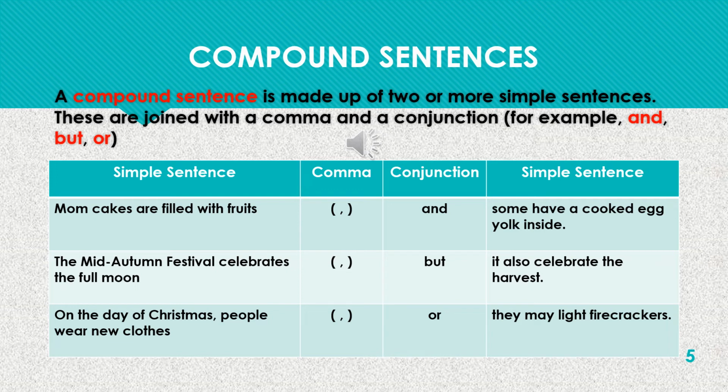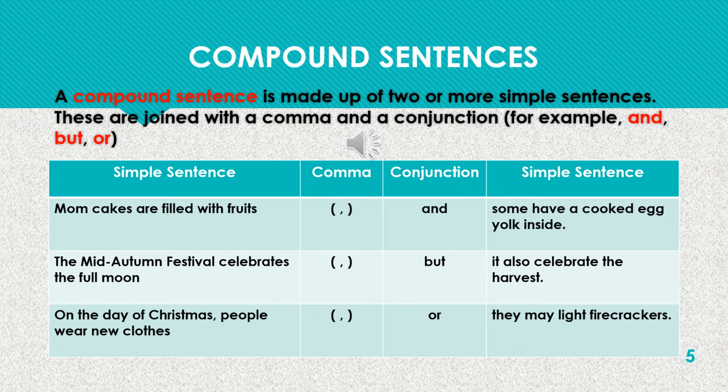Remember, in a compound sentence, you will have a simple sentence, a comma, a conjunction, and the second simple sentence. Okay, now that we are clear, let's continue to the next sentence.